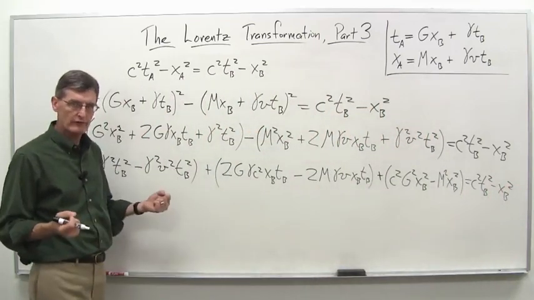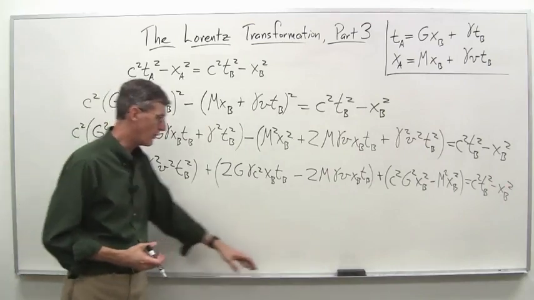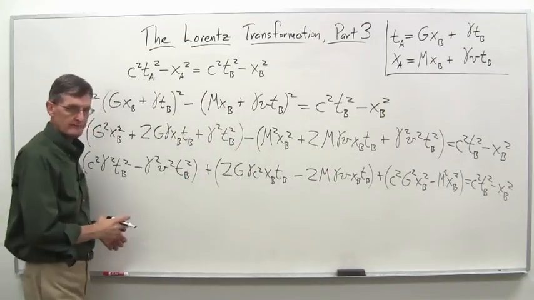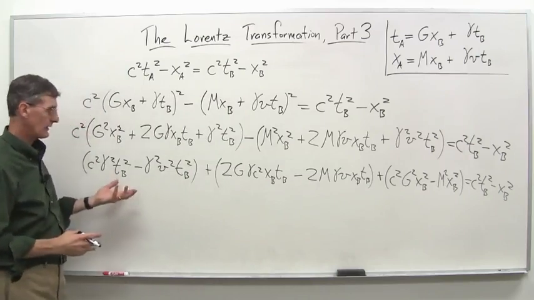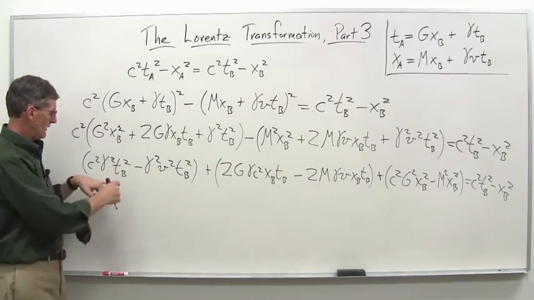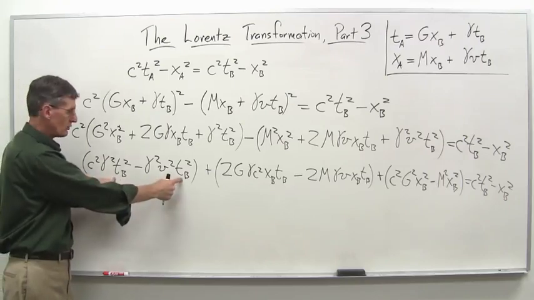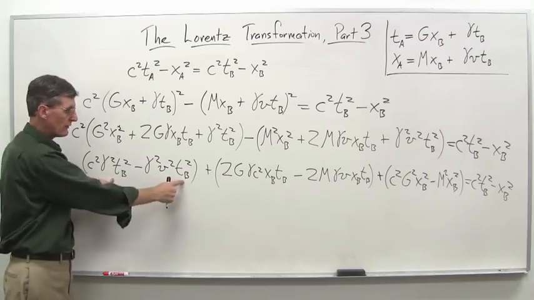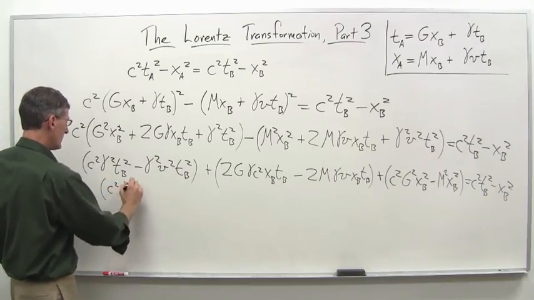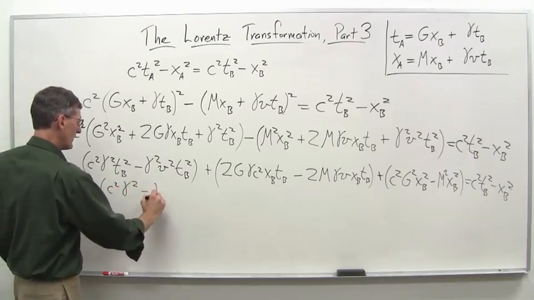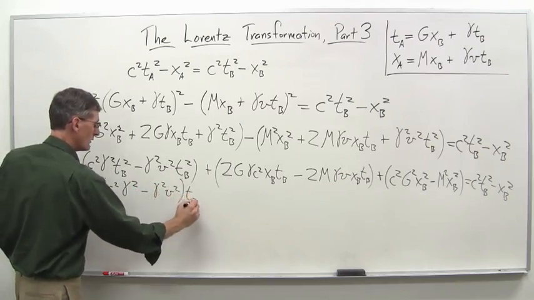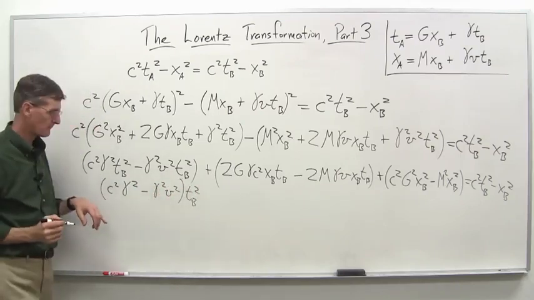Okay, here's where the real nice part comes in, because I've got all this over here. And note, let's simplify it one more step here. I've got a tb squared term here, I've got tb squared there, so let's pull that out. So we're going to write this as c squared gamma squared minus gamma squared v squared times tb squared.